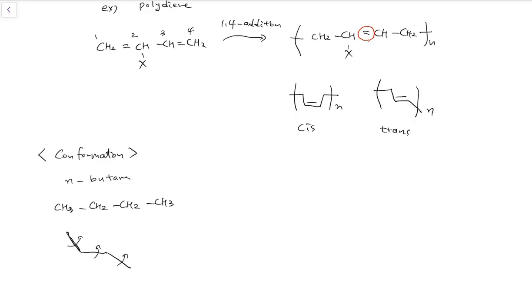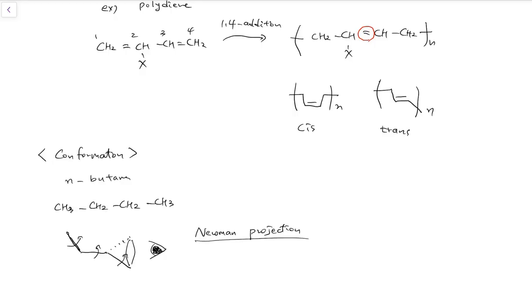If you look at the position of each carbon from this side, we could have different structures since they can rotate. The resulting projection is called the Newman projection, which you already learned in organic chemistry class.